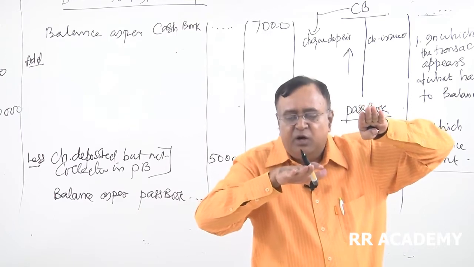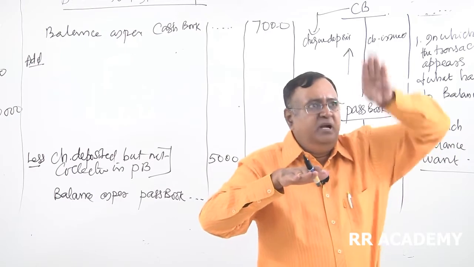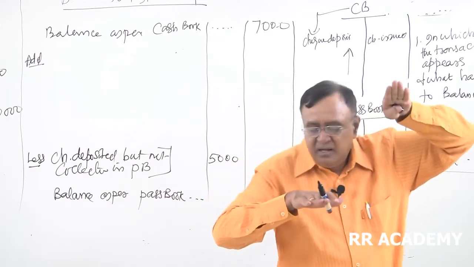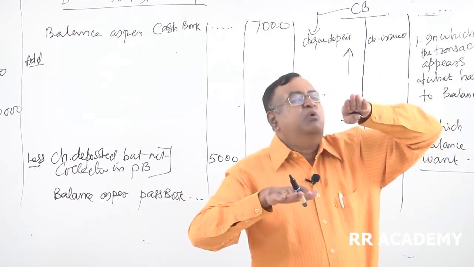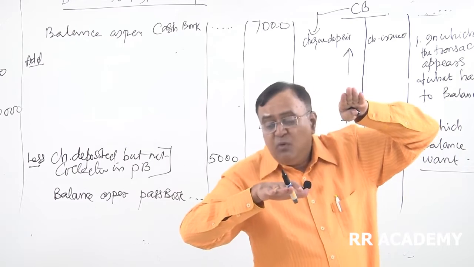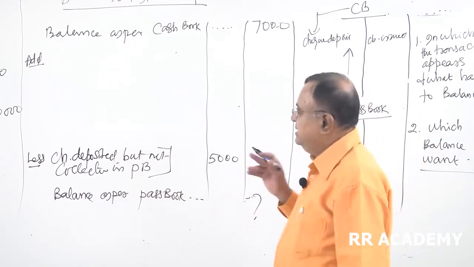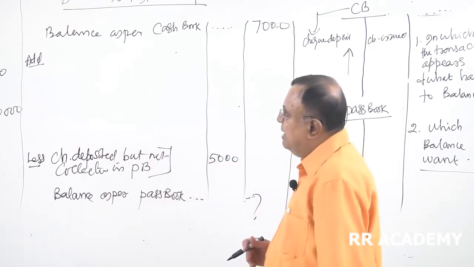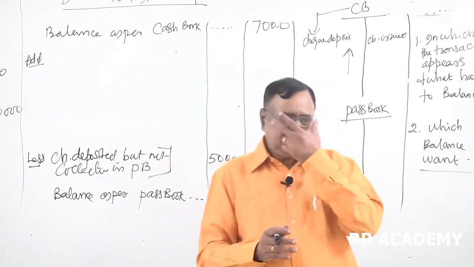Only the cash book will go up and down because only the cash book is given. So the passbook stays the same. The cash book increased, so now if you want the passbook balance, it will come down, less. Over.